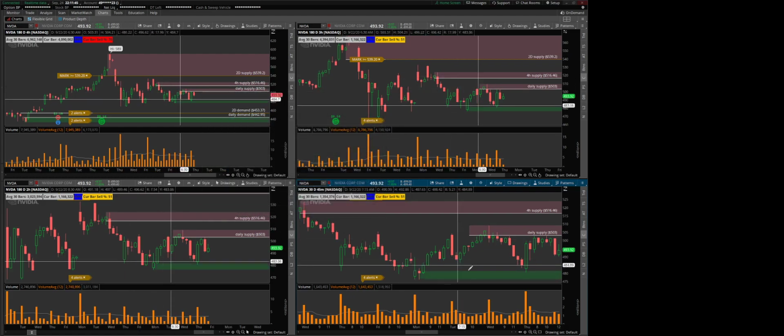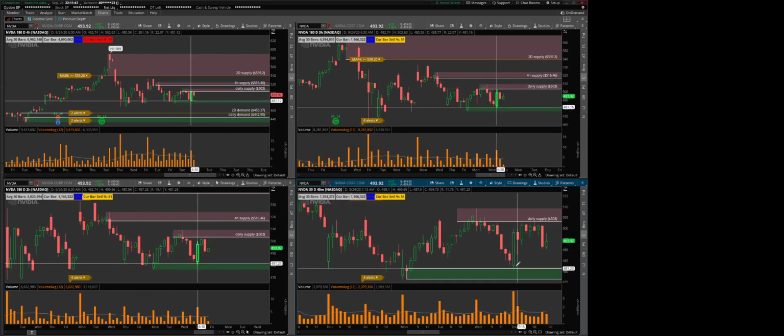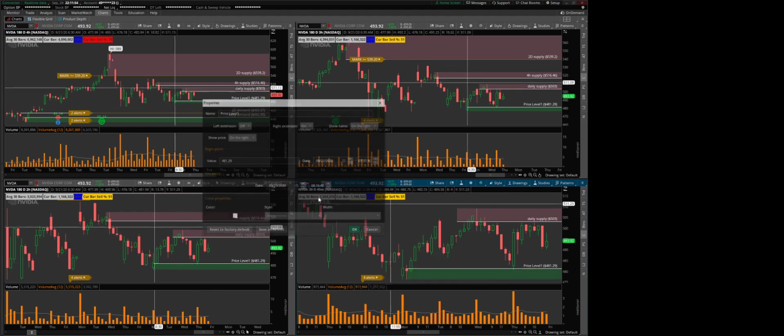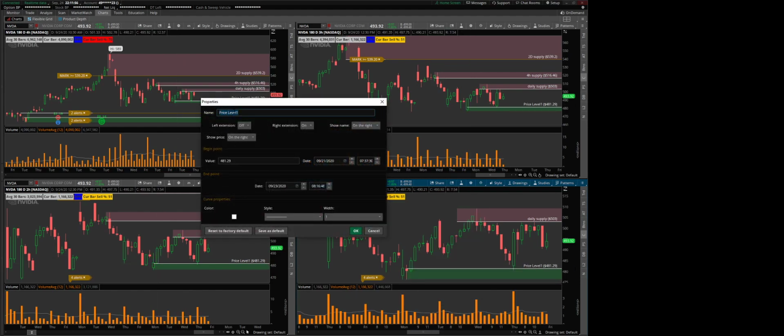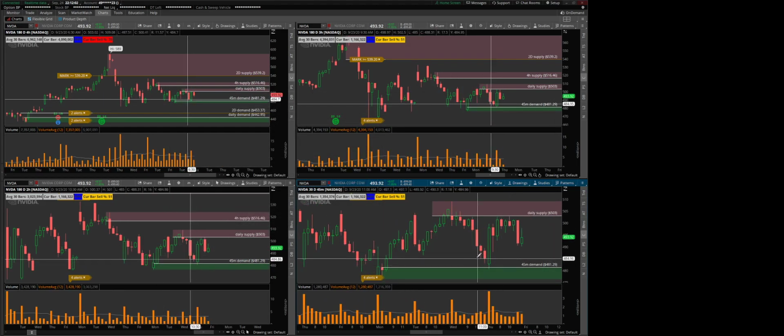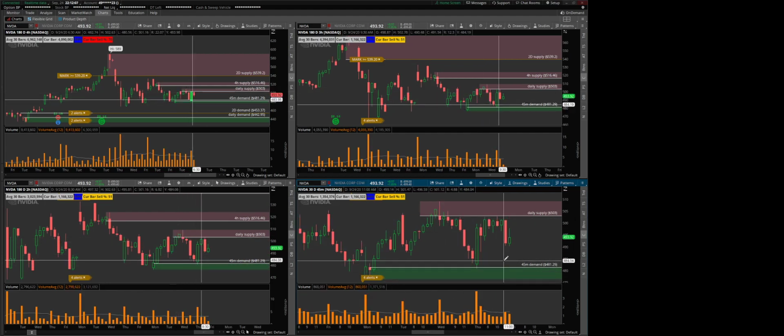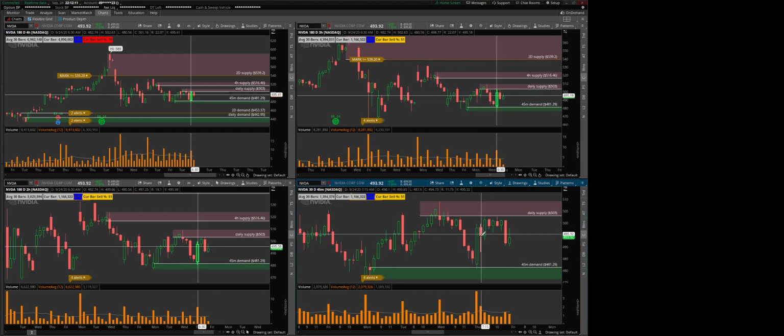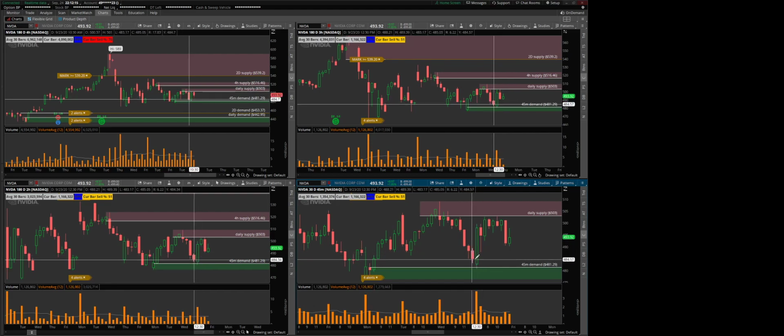Let's extend it to October and look at where we bounced. 45-minute demand. Now, we can go one more, but actually, no, let's leave it at that. Because you see this wick, how it came all the way, basically touching this right here.